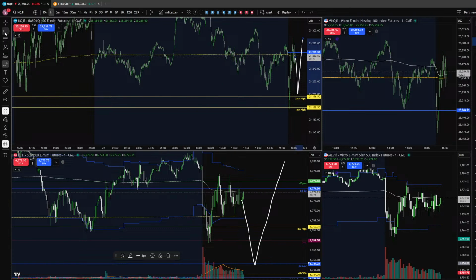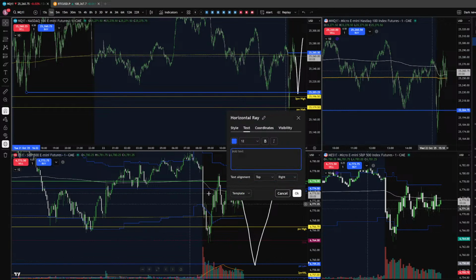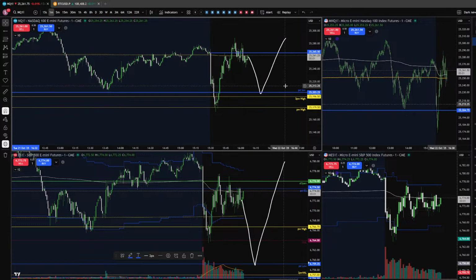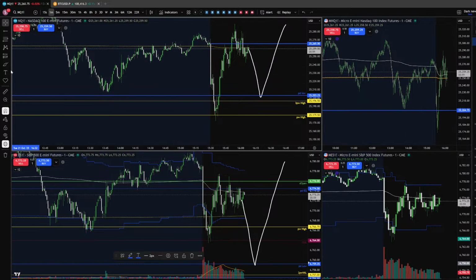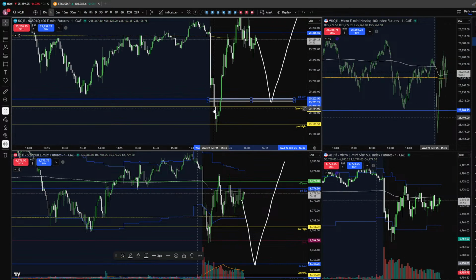Let's mark this. NQ bouncing from this, also this supply and demand.